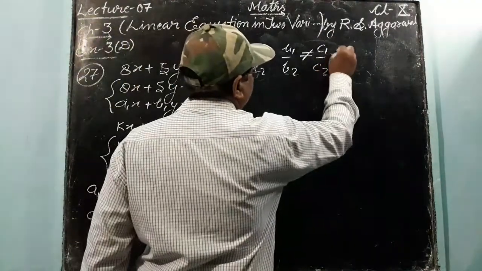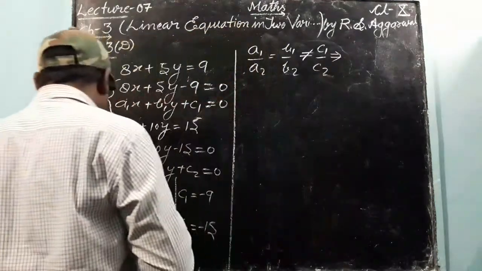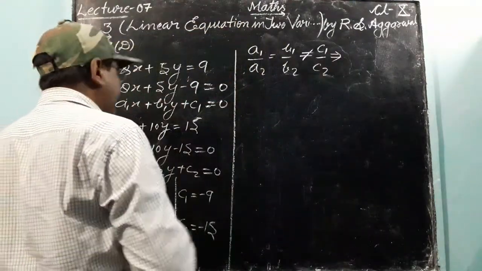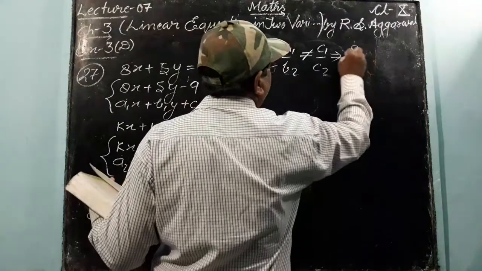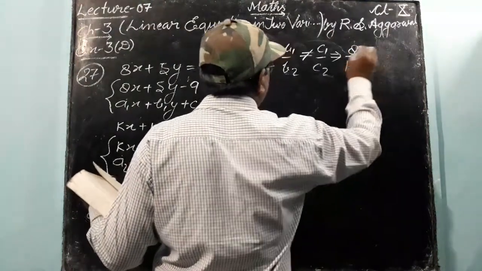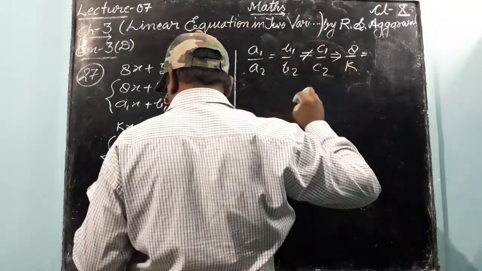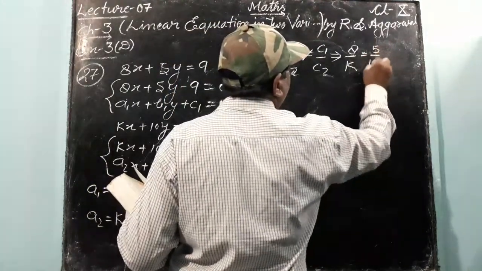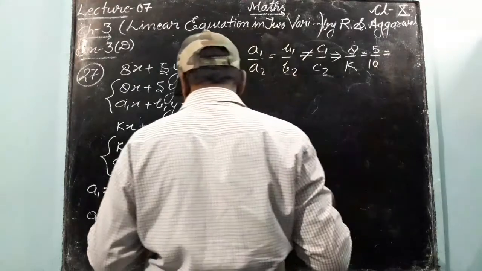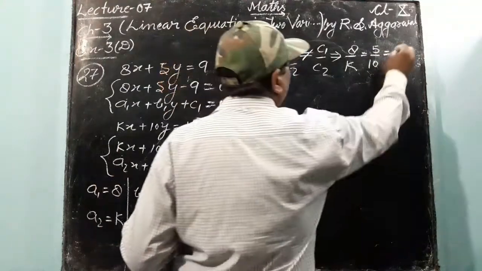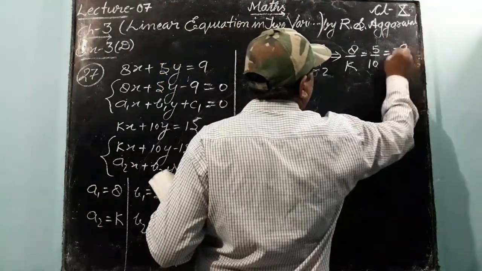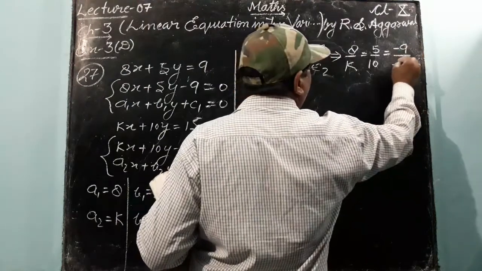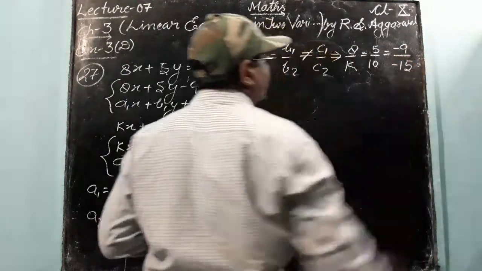Now you put the values in this, and then you will get a1 upon a2, 8 upon k, is equal to b1 upon b2, 5 upon 10, is equal to c1 upon c2, minus 9 upon minus 15. Clear students?